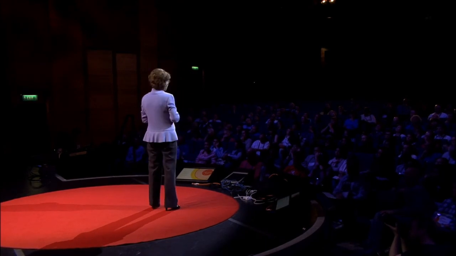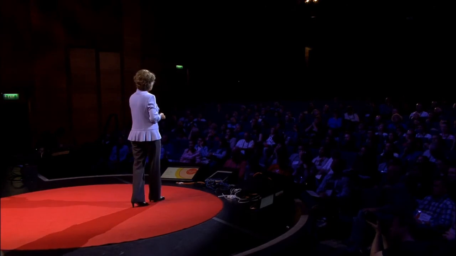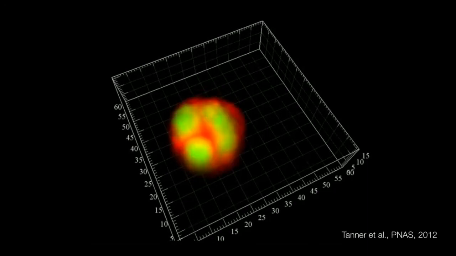So we have now made an amazing discovery. A postdoc in the lab, who is a physicist, asked me, what do the cells do when you put them in? What do they do in the beginning? I said, I don't know. We couldn't look at them. We didn't have high-resolution images in the old days. So she, being an imager and a physicist, did this incredible thing. This is a single human breast cell in 3 dimensions.